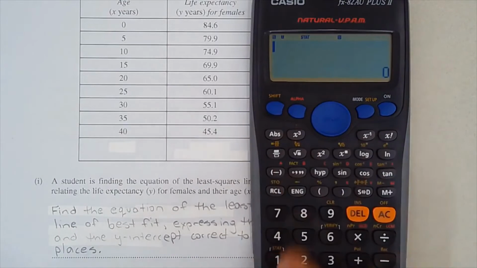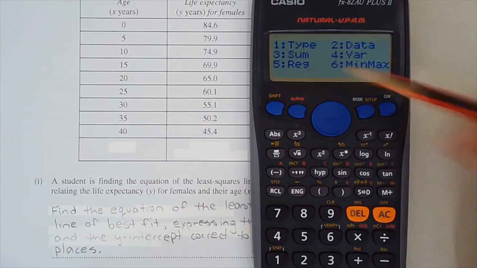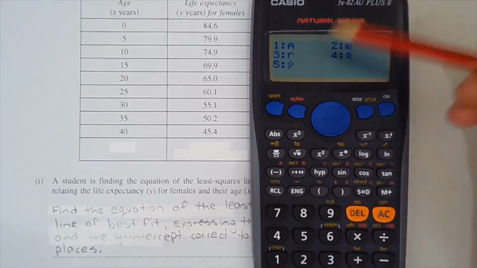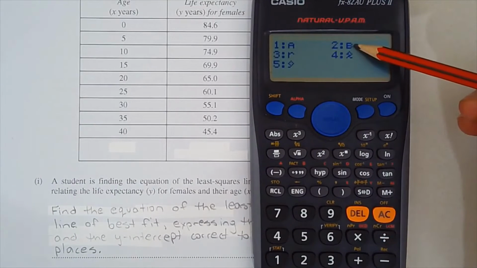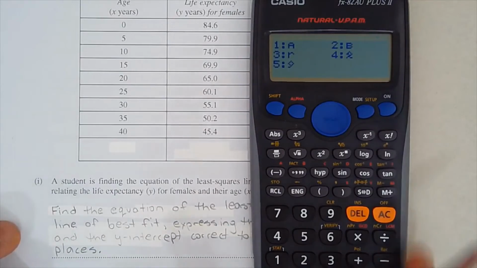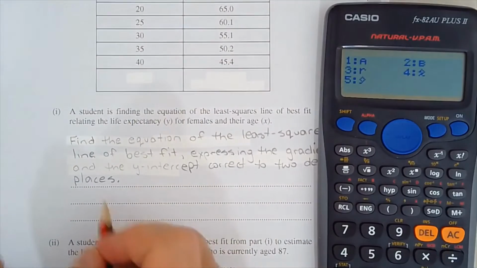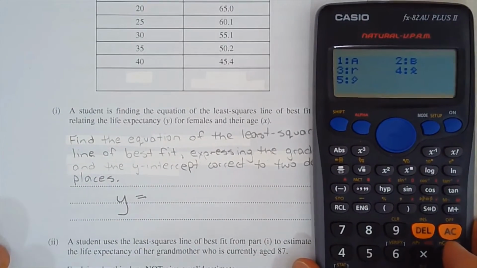AC, shift 1, and you see this option come up here, reg, which means regression, number 5. And A represents the y-intercept, B represents the gradient. So I'm going to write this now as y years is equal to, in the form y equals mx plus c.